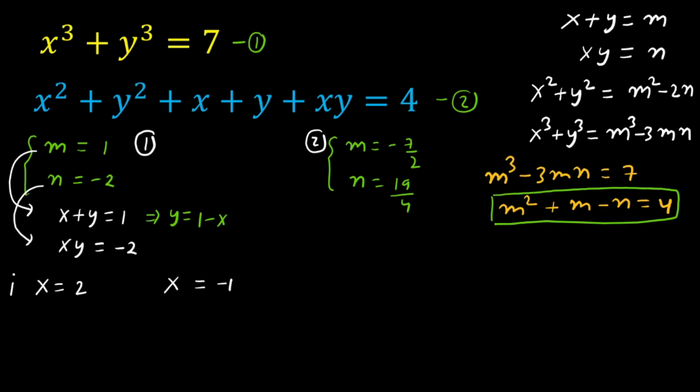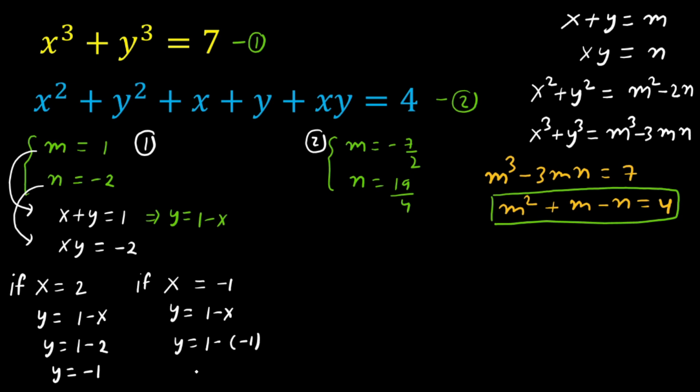If x is equal to 2, then y is equal to 1 minus x, replaced by 2, so the value of y is minus 1. And if x is equal to minus 1, y is equal to 1 minus x, replaced by minus 1, then y is 2.